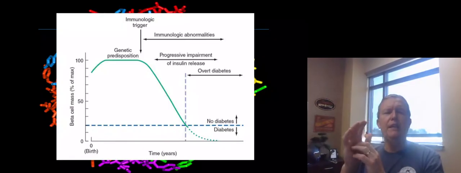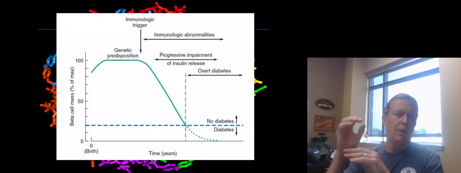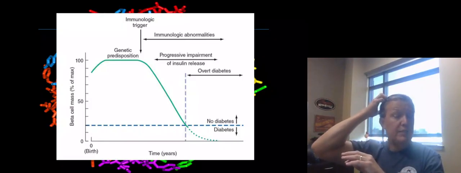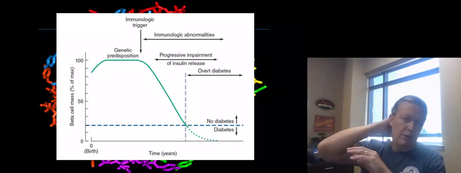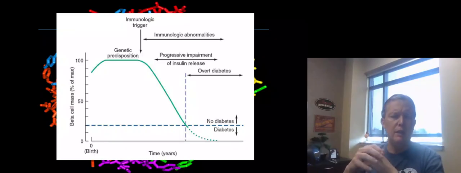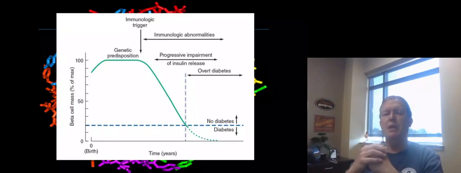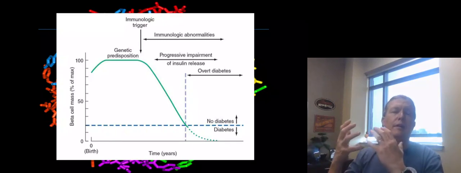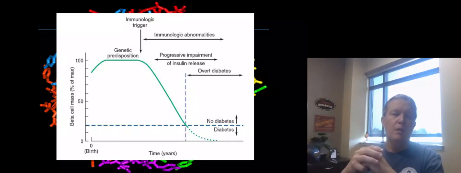Now, this slide begins our conversation about type 1 diabetes and how type 1 diabetes develops. There's a great deal of content on this slide, so I'm going to take some time to explain it. What you have here is time in years on the bottom, and beta cell mass, or the number of beta cells that a human has over time.